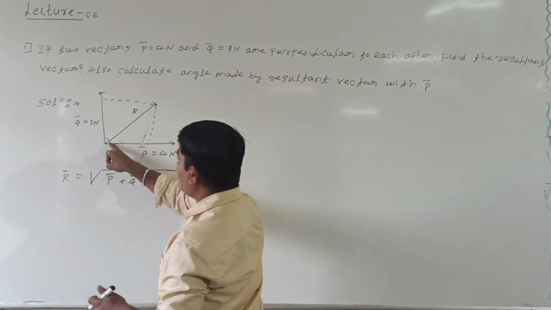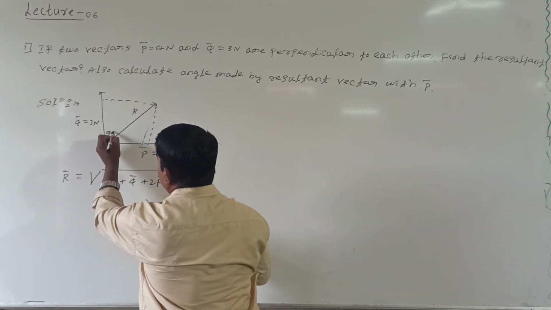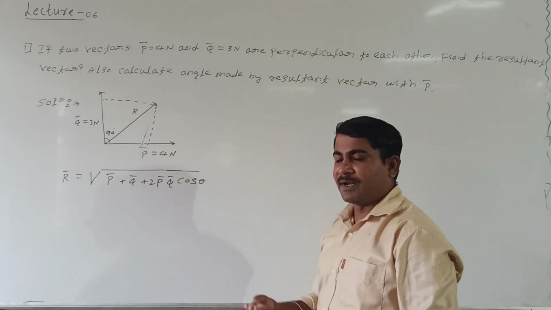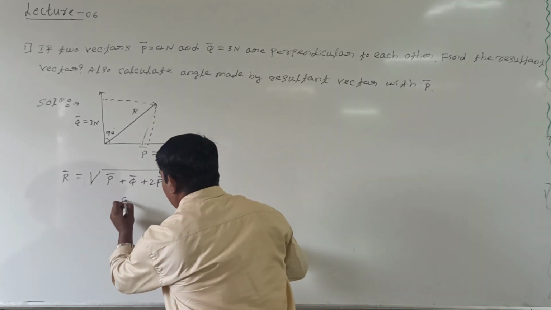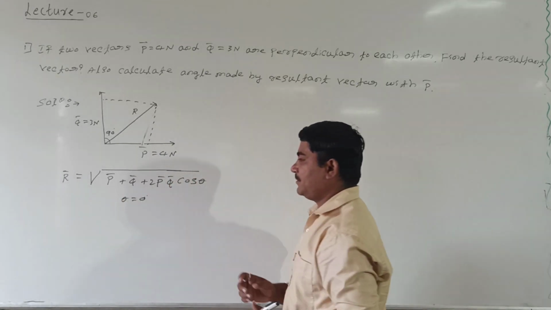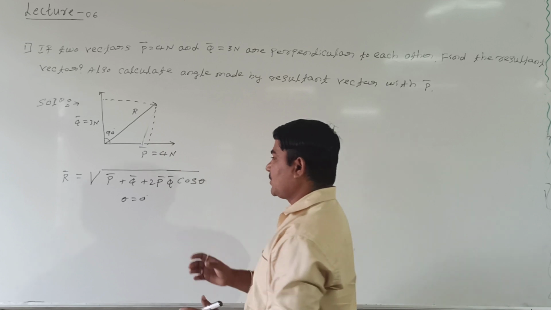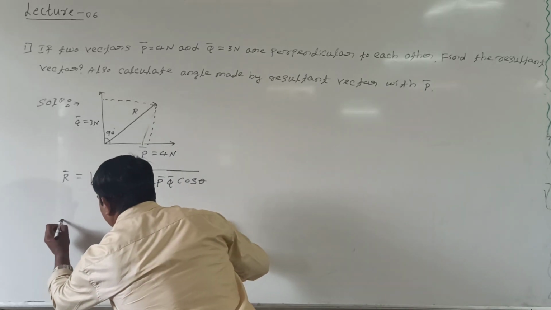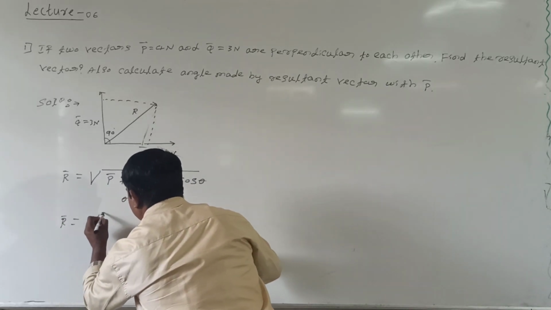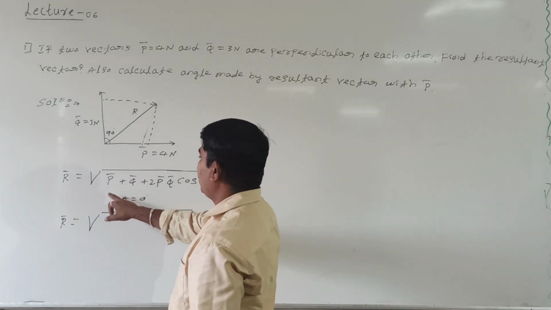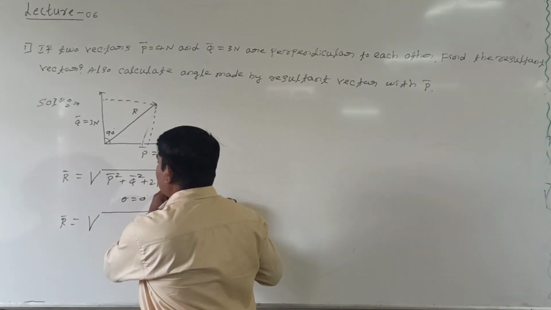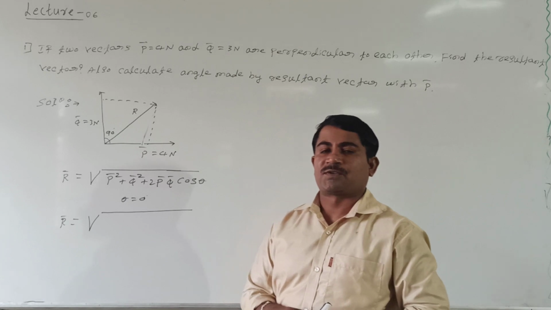Now the angle between the two vectors is 90 degrees, so theta equal to 90 degrees. Then the resultant vector R equal to under root of P square plus Q square plus 2PQ cos theta.